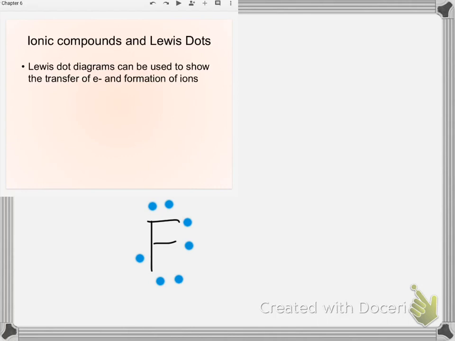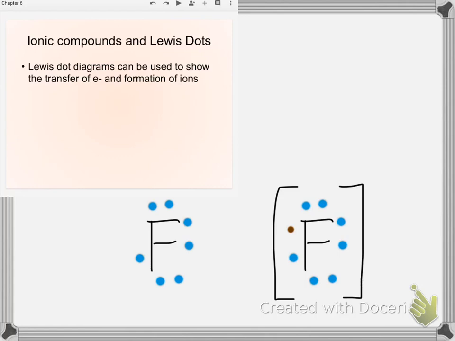Gain or lose? Gain 1. Could we show this with an extra electron? Yeah, why not? So I'm going to copy this so that we preserve both images. When we show something having gained an electron, and I just color-coded it to make it obvious that that's the one it picked up, it now has a full complement, and it also has a charge.